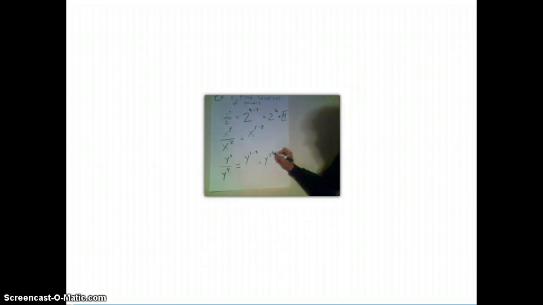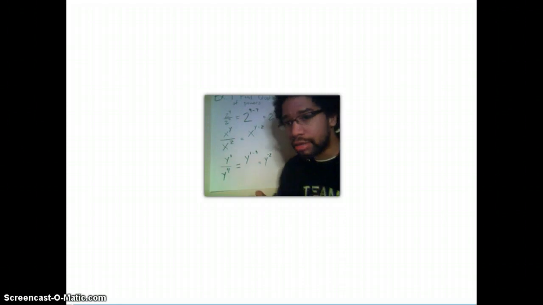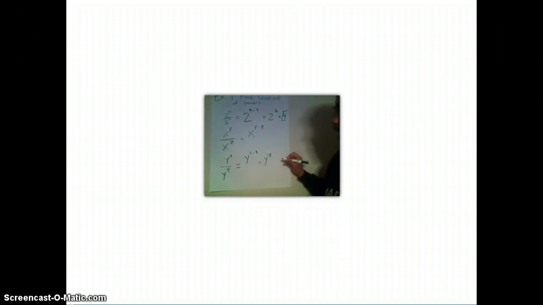A couple of lessons ago, we need to recall that we do not deal with negative exponents. We do not like negative exponents. So if I see a negative exponent, I'm going to bring it back down into the denominator. And so I have y cubed in my denominator. What goes up top?